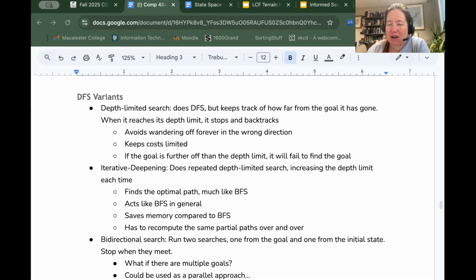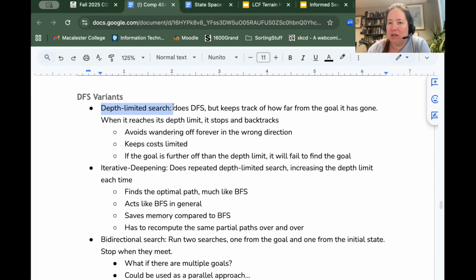So some of these variations are intended to address the problems that we have with especially depth first search, but also potentially with breadth first search as well. The first option on our list is called depth limited search. I mentioned this already in the earlier video.